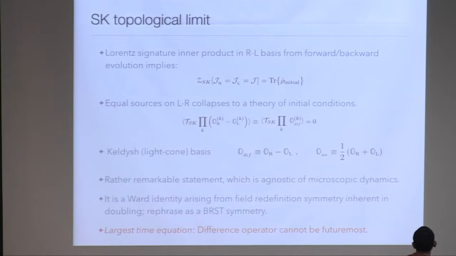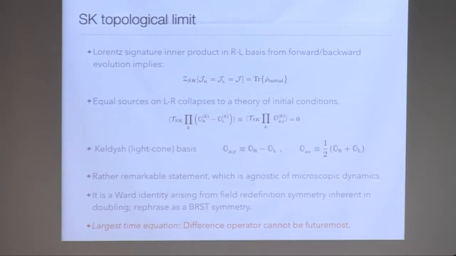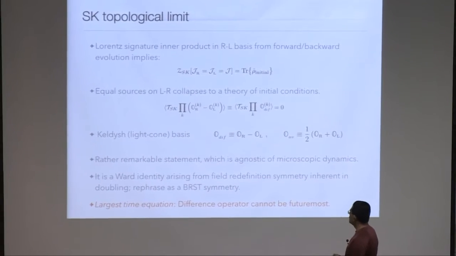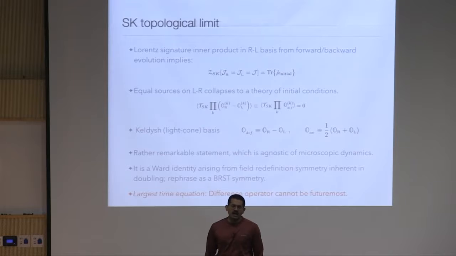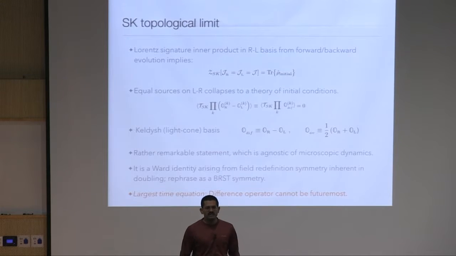Okay? But since these difference operators couple to j right plus j left, or equivalently to equal values of j right and j left, it immediately follows that an arbitrary correlation function of an arbitrary number of difference operators is just 0. Why?